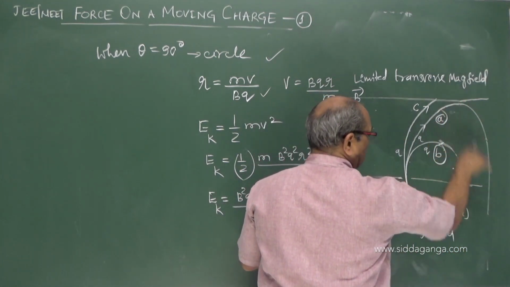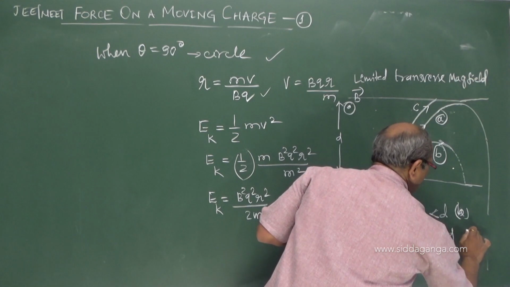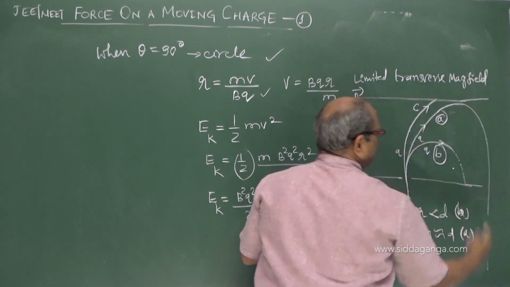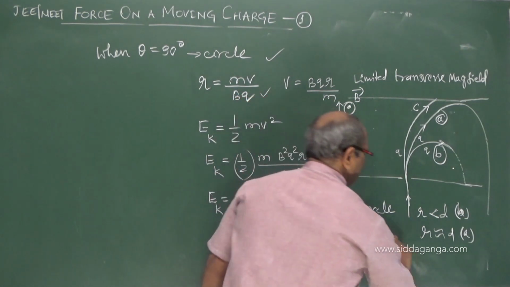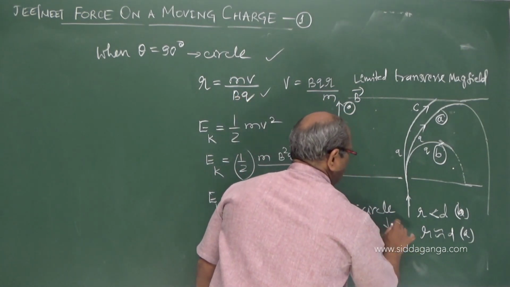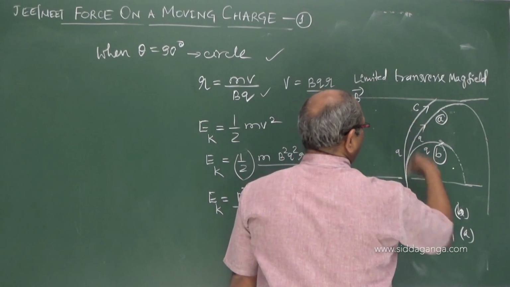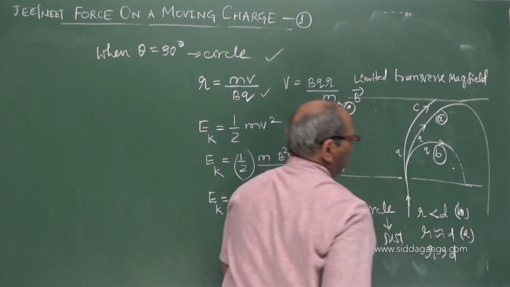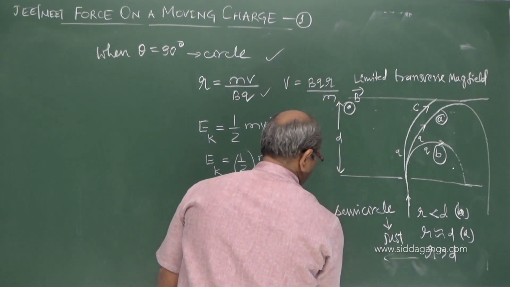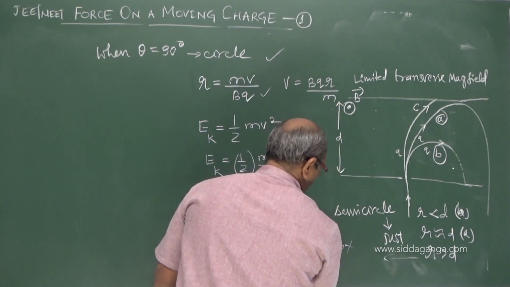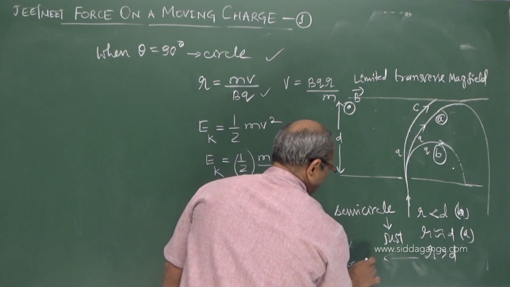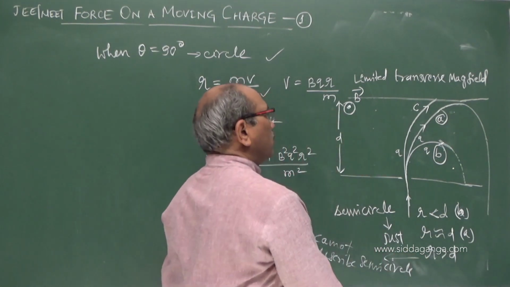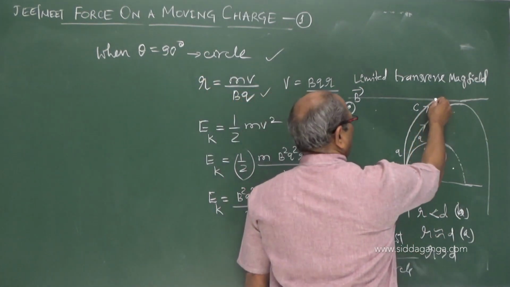Then also there is a chance that it may describe a semicircle, just to describe a semicircle. If R becomes greater than d, it cannot describe the circle, so it strikes at this point.